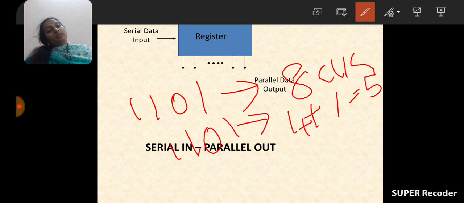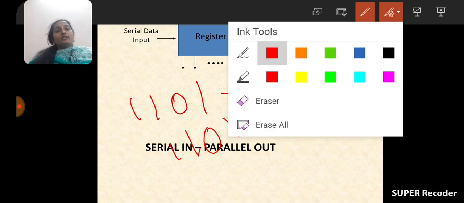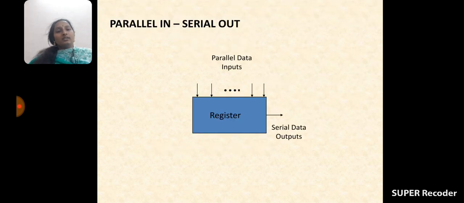In which one will fewer pulses be required? Serial in parallel out. So delay is also reduced and speed is increased compared to serial in, serial out.